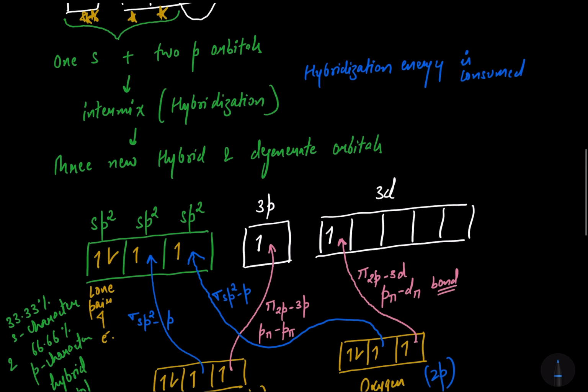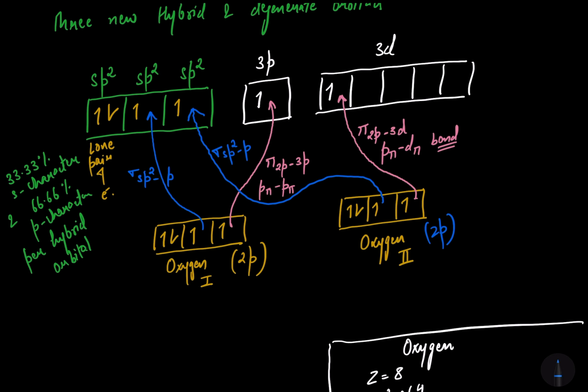Now at the last, there is a formation of 4 bonds, the 2 sigma bonds and the 2 pi bonds. The formation of bond is always an exothermic process.